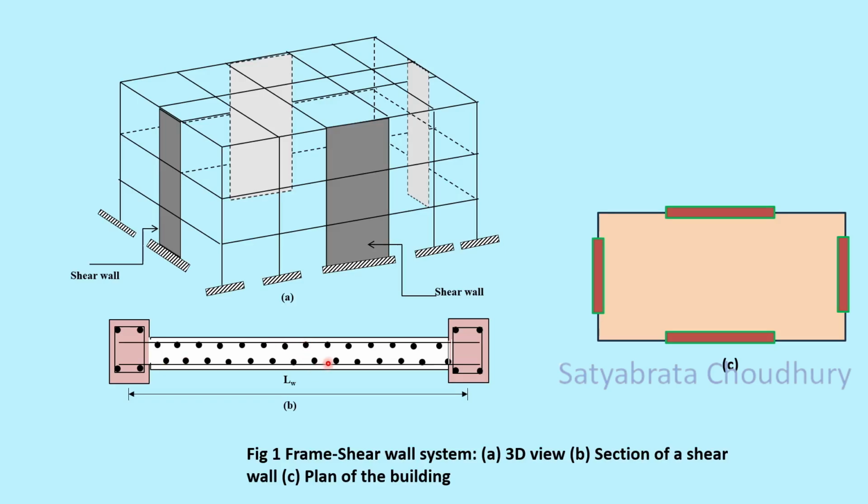In most cases, you can have some column-like element at the end of the wall, which is called a boundary element. Boundary element increases the strength of the wall, increases the ductility of the wall, and gives stability to the wall. So this generally should be provided in the wall. So this much about the fundamentals of the walls.